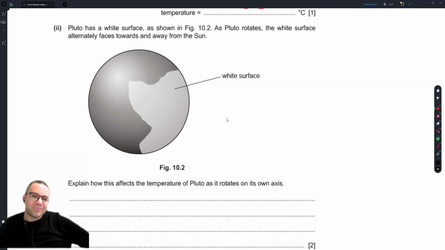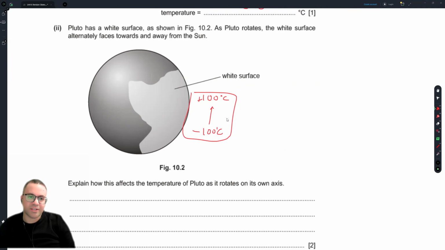So, don't just say how hot or cold it is. Talk about the maximums and minimums. Let's say the white side ranges from negative 100 degrees Celsius up to positive 100 degrees Celsius. What do you think the range of temperatures on the black side will be? Assume any values. I just want to see if you understand the general sense of things.